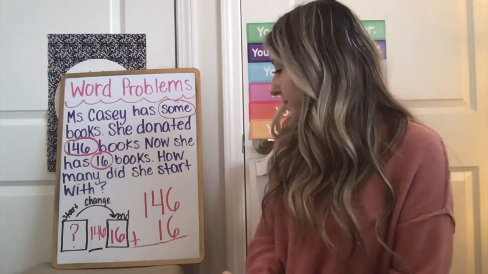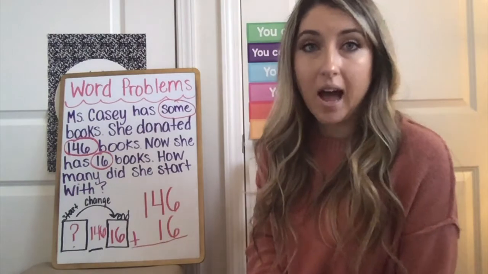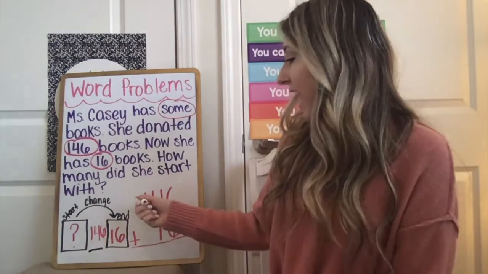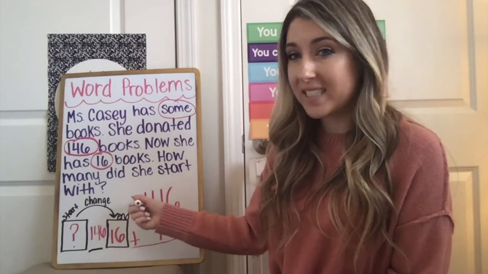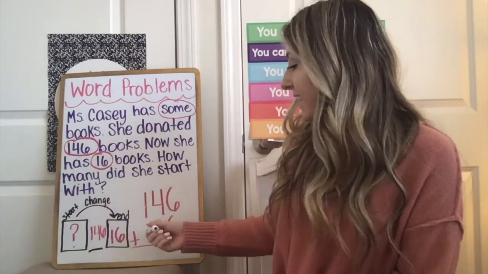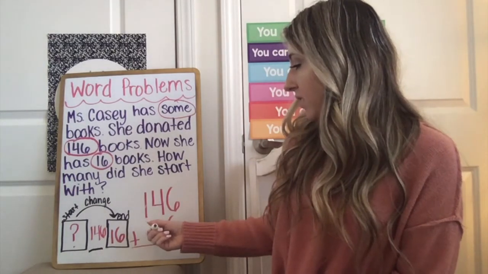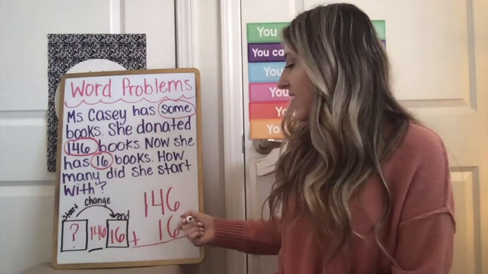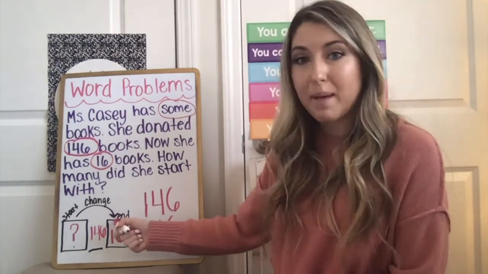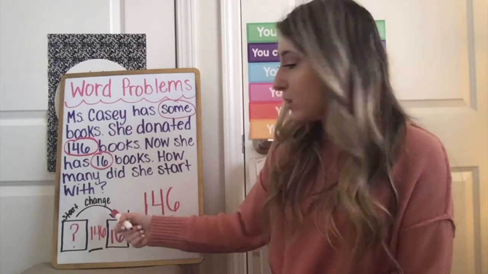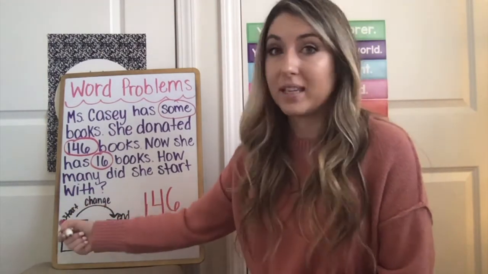So now let me tell you why I'm asking you to add these, right? So I know that I donated 146. That's my change. And I ended up with this many. So I know that 16 is my difference, right? It's my end, it's my answer. So I know that's the difference between my change and my start.